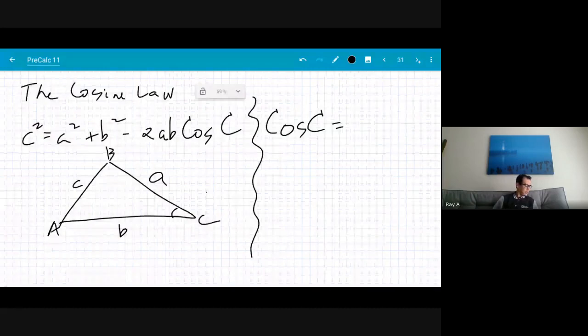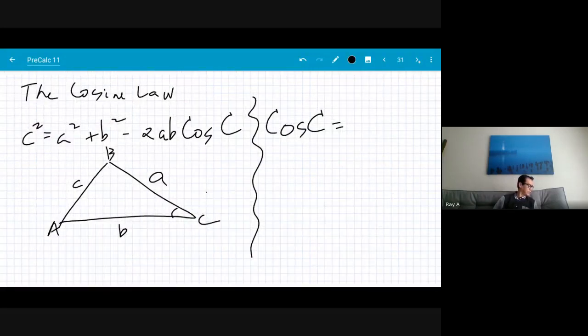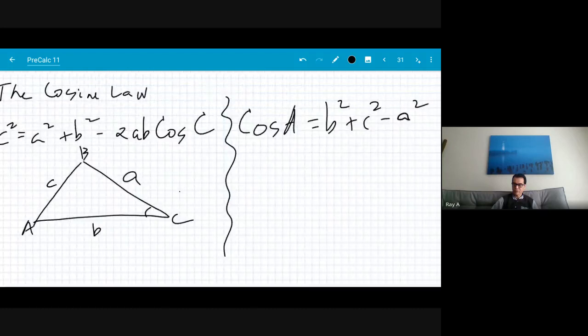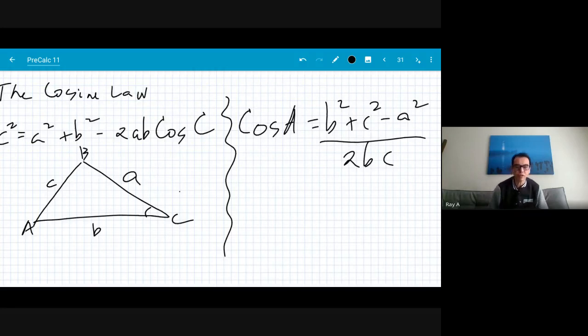So suppose it's angle C that you're looking for, or angle A for that matter. This is just a manipulation of that earlier formula that I wrote. It's really the same thing. Cosine A equals b squared plus c squared minus a squared over 2bc. So if you rearrange the first one, you will come up with this.